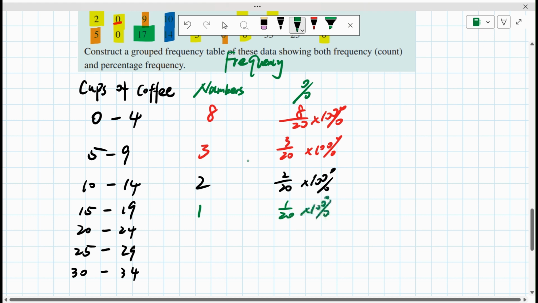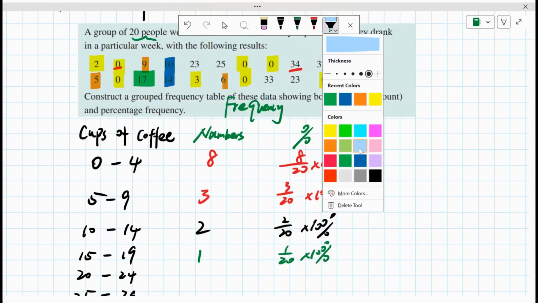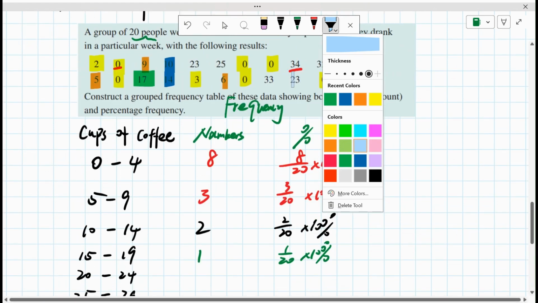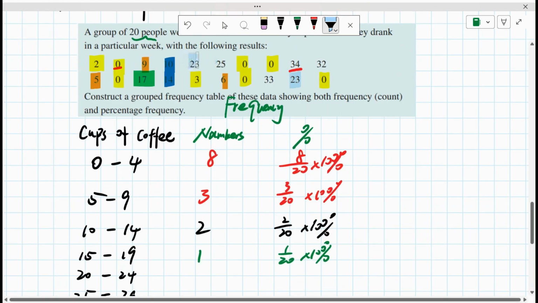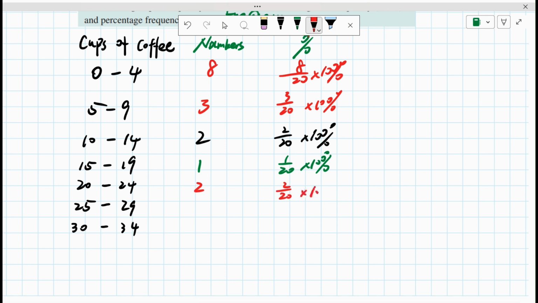You don't have to write it out once you calculate it. I just want to show you how. Once we go again, 20 to 24: 1 and 2, so that's only 2, and that's 2 over 20 times 100.